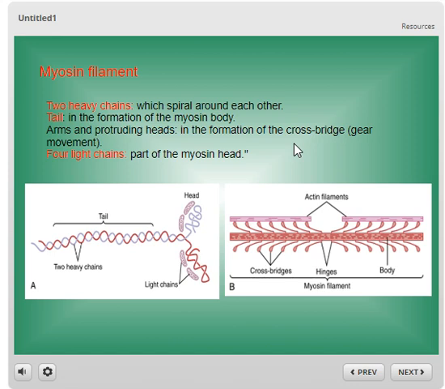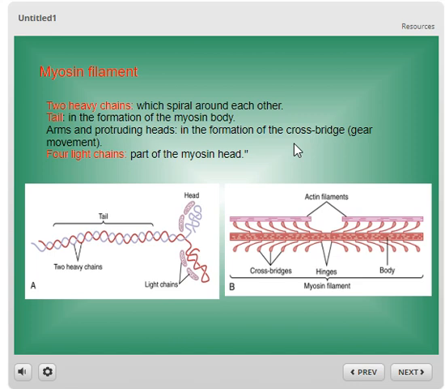And the arm extended from the tail and ends in protruding heads, which are essential for forming cross bridges during muscle contraction. The movement of these heads is often referred to as gear movement, allowing the myosin to interact with actin filaments.